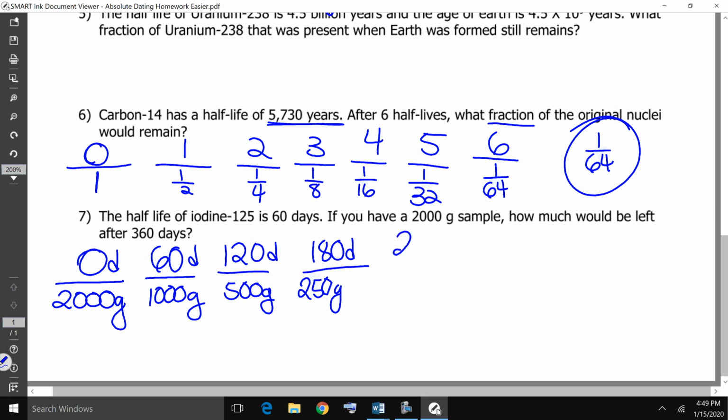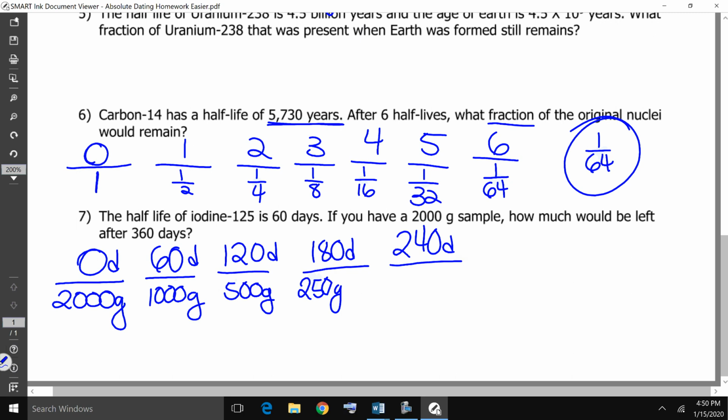240 days. Again, we are adding our half-life. 60 plus 60 is 120. 120 plus 60 is 180. 180 plus 60 is 240.